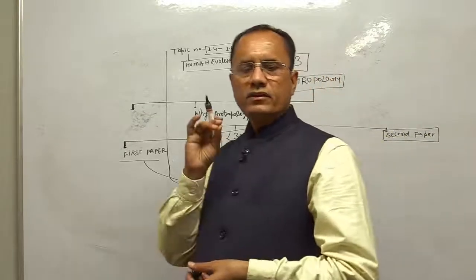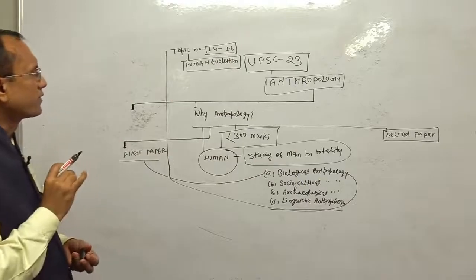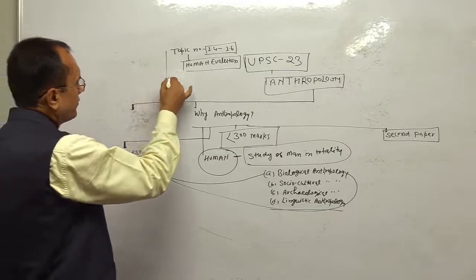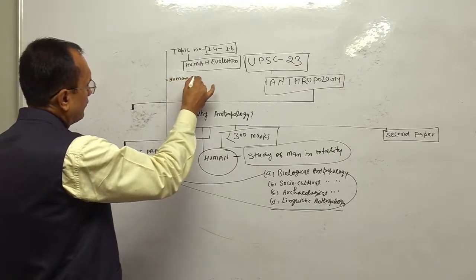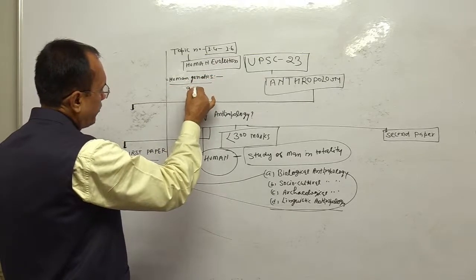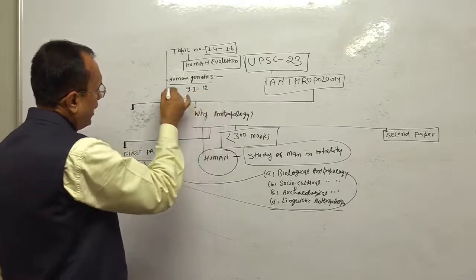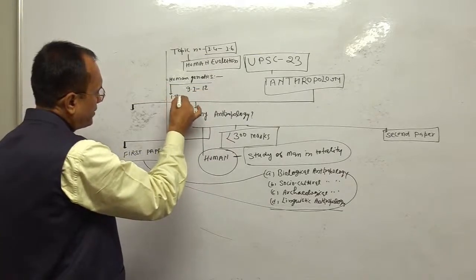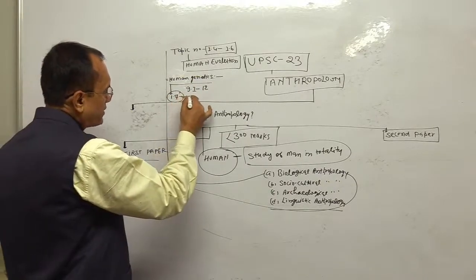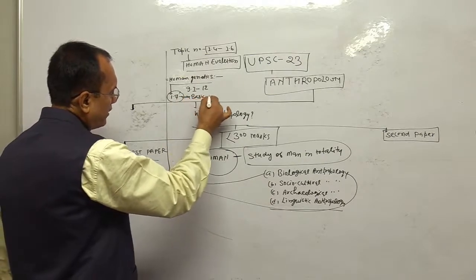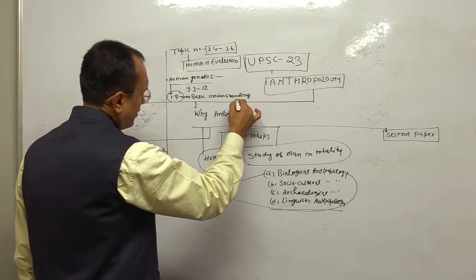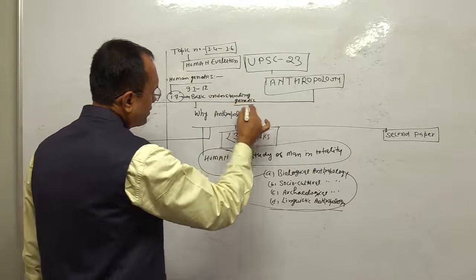And the second important thing is the topics related to human genetics, right? That is from topic number 9.1 to 12, and topic number 1.7 is also related with human genetics, but that gives us a basic understanding of genetics.